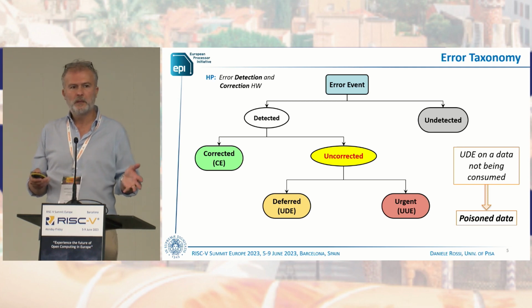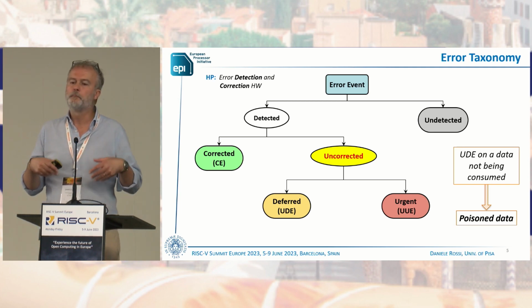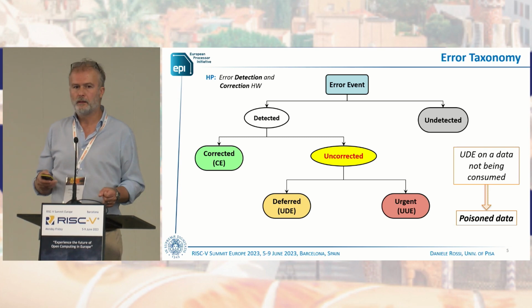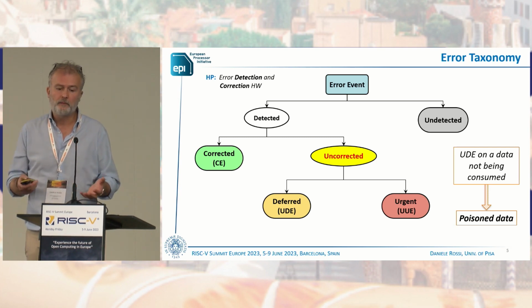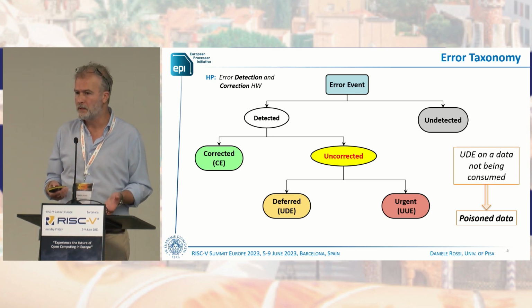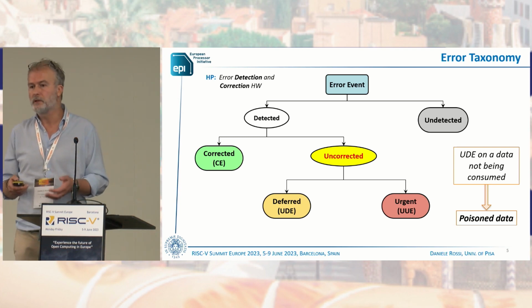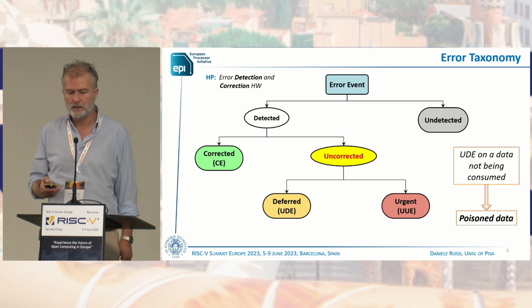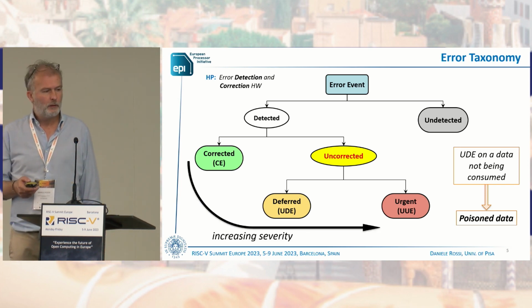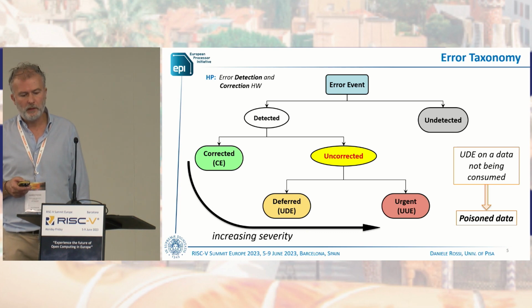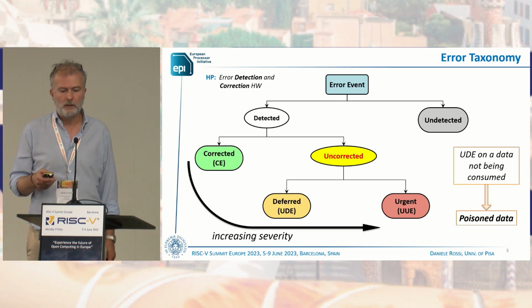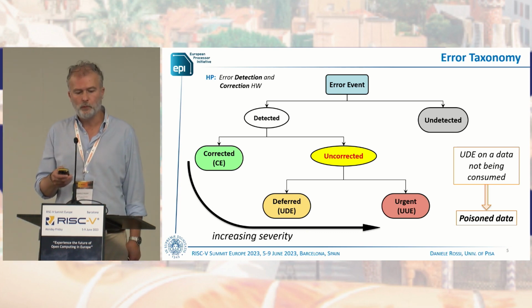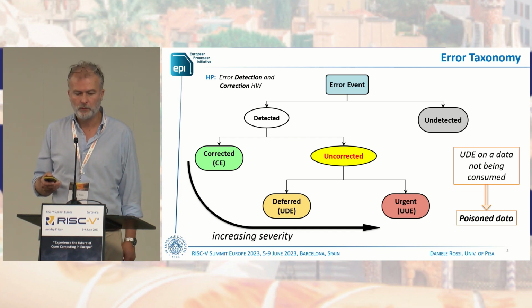Deferred means that this is kind of poison data, and if this data is going to be consumed by the system, this deferred error will need to be escalated to an urgent error and then properly handled by system software. And of course, the severity of the error increases when we move from corrected error to urgent error.